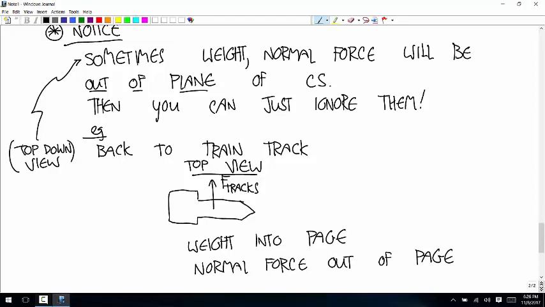Okay, so if your coordinate system is horizontal, then the weight force is going to be out of the plane. And the question is, if this is your coordinate system and your weight force is like this, how far do you go in the x direction and the y direction to get something going straight in? It doesn't make any sense. There's no answer to adding up a vector this way and a vector this way to go into the page, so you just leave it out. It won't come up in the calculation.